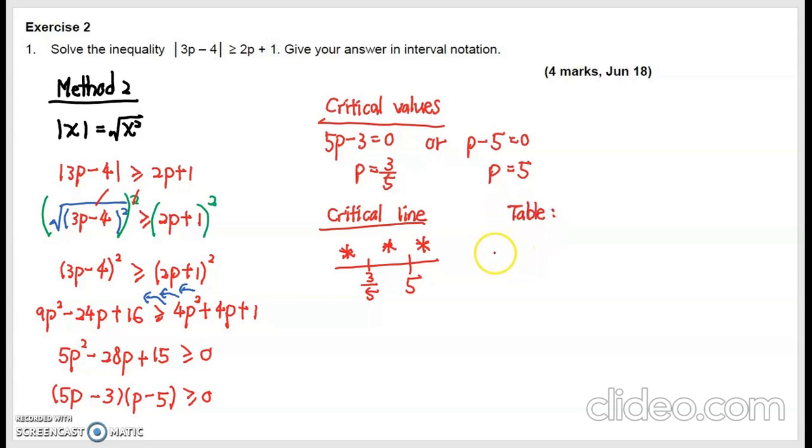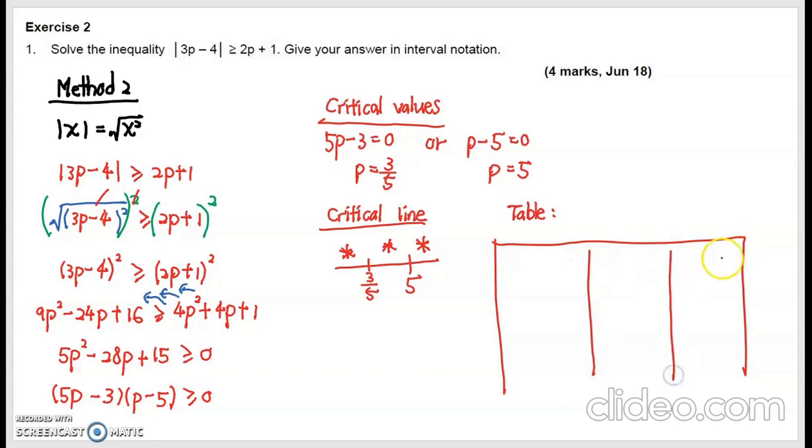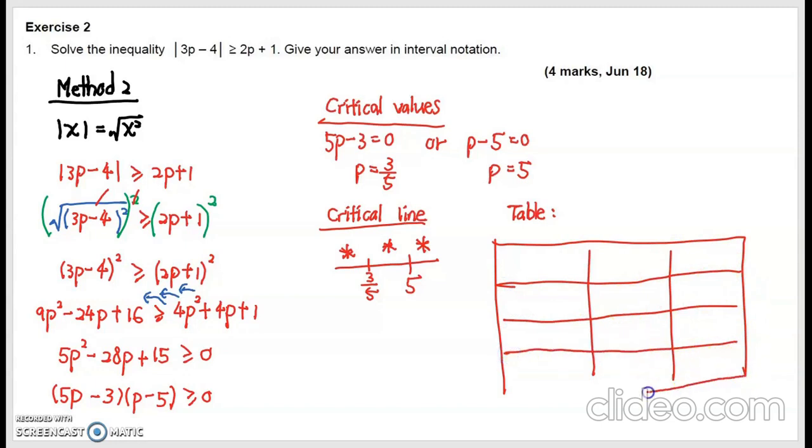If you still remember, for the table, we need 3 columns and 4 rows. The first column will be interval.